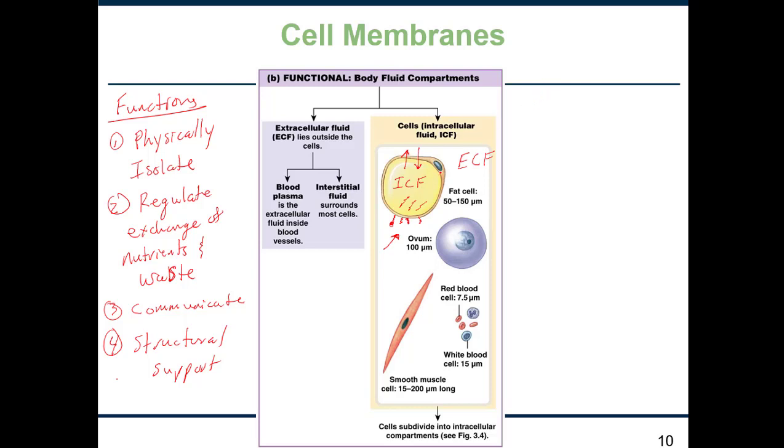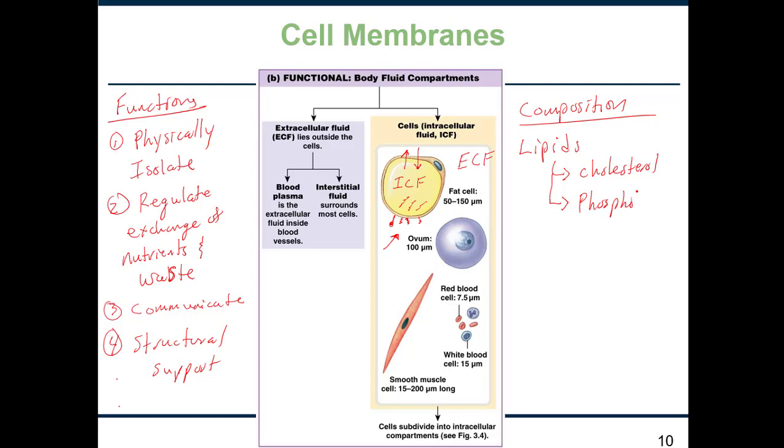Now, the other thing that you should understand about cell membranes is what they're made up of. So their composition. The composition of a cell membrane includes a lot of lipids and some proteins as well. Now, the lipids also include cholesterol as well as phospholipids.